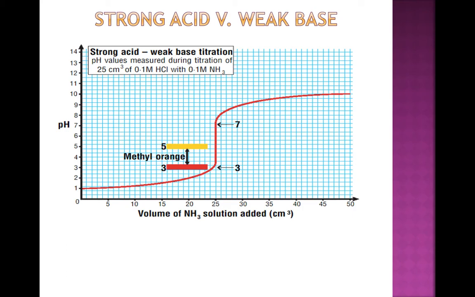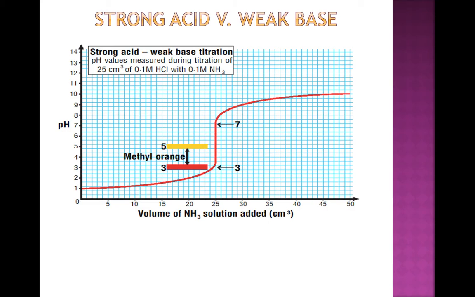Again, you're starting out at pH 1 because you have your 25 cm³ of 0.1 molar hydrochloric acid, and you're gradually adding ammonia to that. The pH is gradually changing until you get your endpoint, and it suddenly jumps from pH 3 up to pH 7.